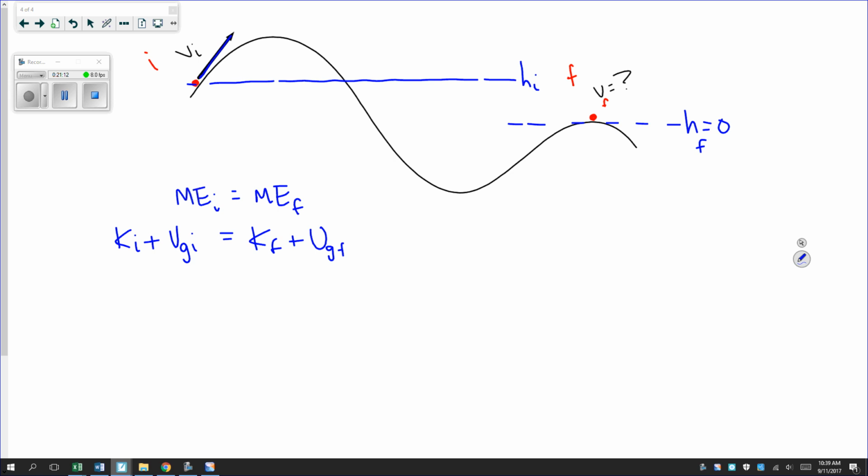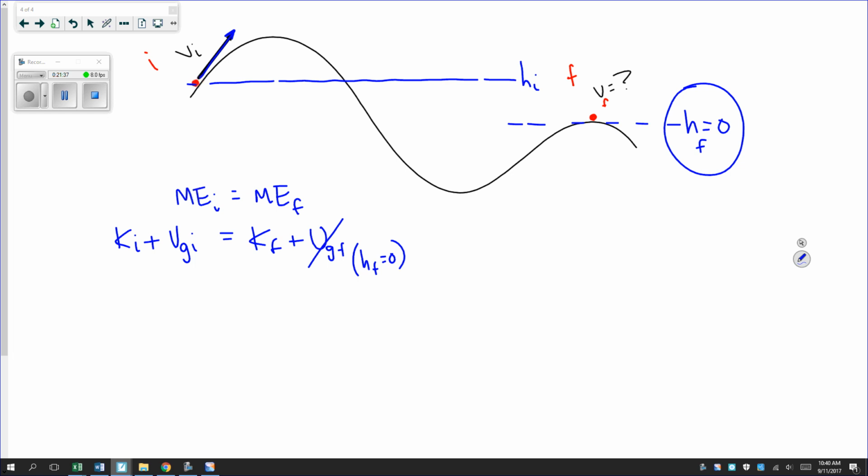This arrow represents the thing's speed at the beginning. So K initial is not 0, U_G initial is not 0. But we've chosen H final to be 0, so we can say that's gone. Because H final is 0, therefore U final is 0.